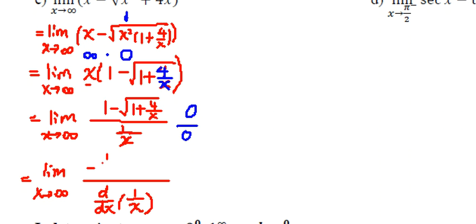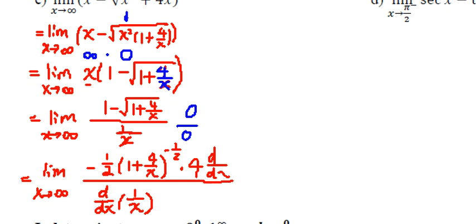Use the power rule: 1/2 times u, which is 1 plus 4 over x, raised to the power 1/2 minus 1, which is negative 1/2, times the derivative of the inner part. The derivative of 1 is 0 because it's a constant, and the derivative of 4 over x is 4 times the derivative of 1 over x.